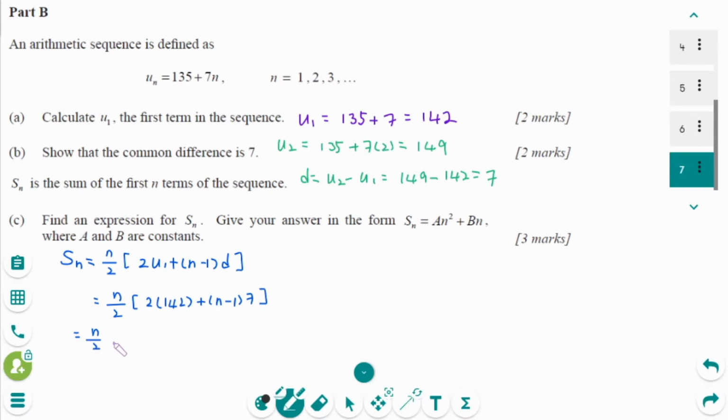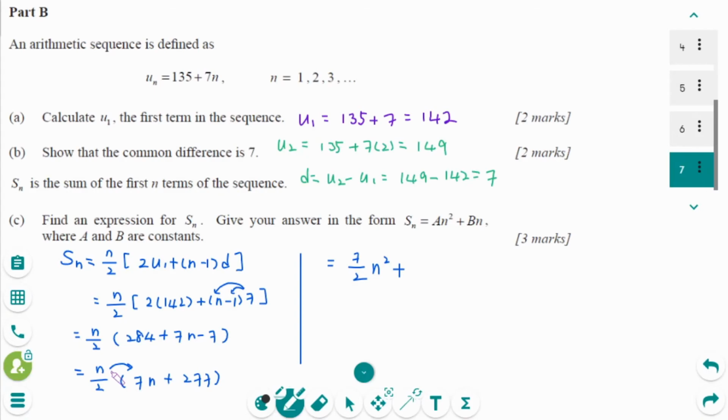Then n over 2 times 284 plus 7n minus 7 equals n over 2 times 7n plus 277 equals 7 over 2 n squared plus 277 over 2 n.